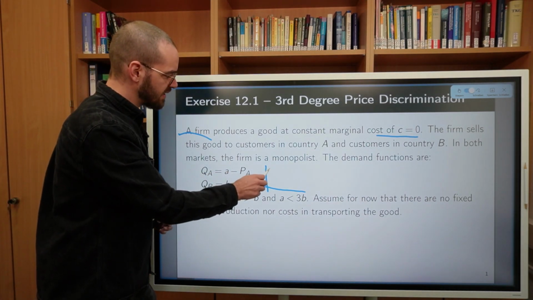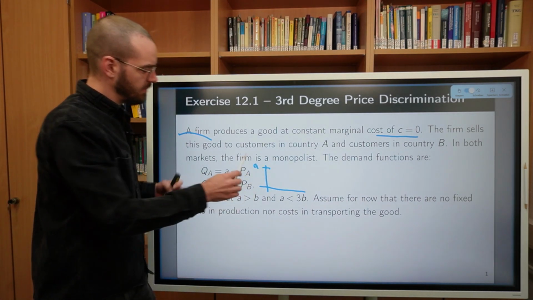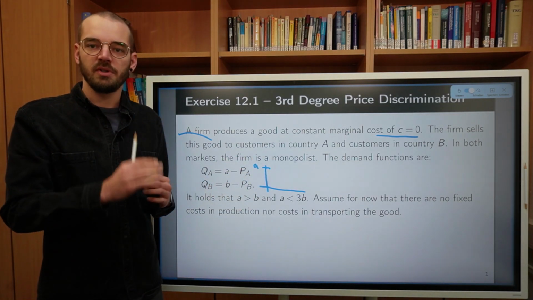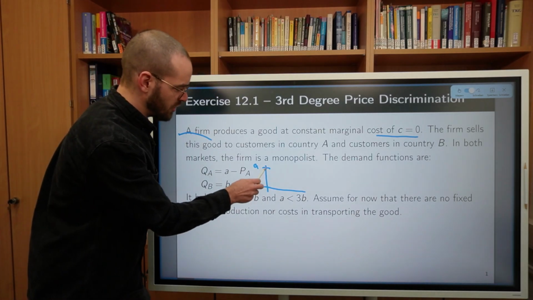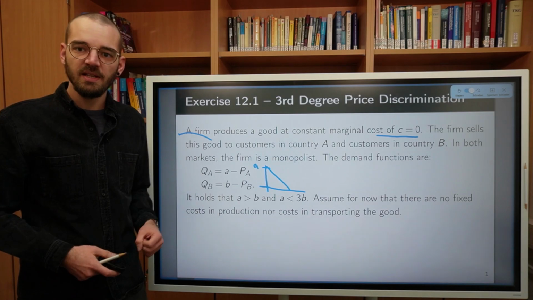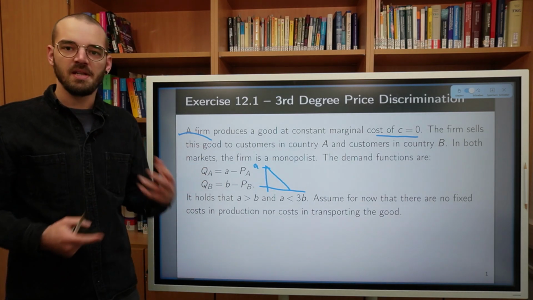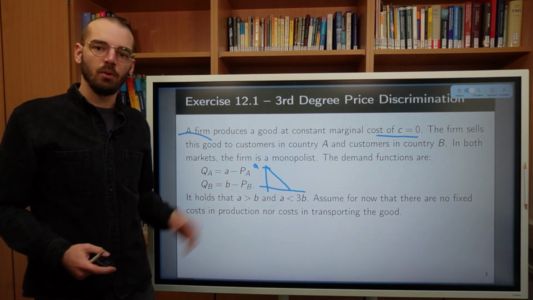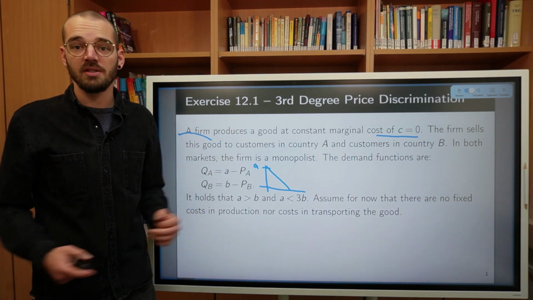And all we know is, well, there is some parameter A that defines how far upwards this demand function is shifted. And the same, of course, holds for market B, where parameter B defines how far upwards or downwards this whole linear demand function is shifted.